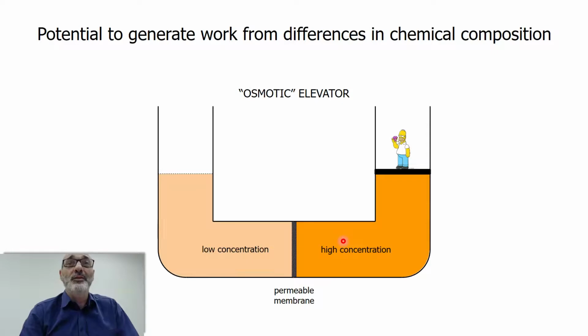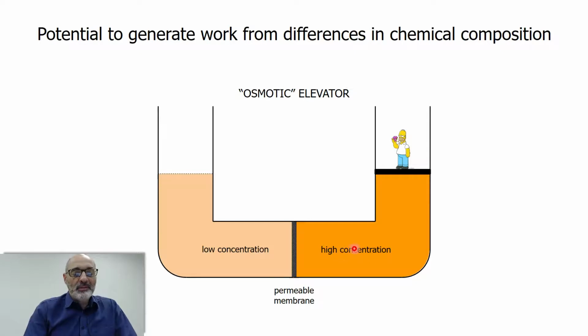Let me just give you another example related to chemical exergy, which we call the osmotic elevator. Okay, you can produce useful work. We're going to use it to raise Homer Simpson, to change his potential energy, just exploiting a difference in concentration.